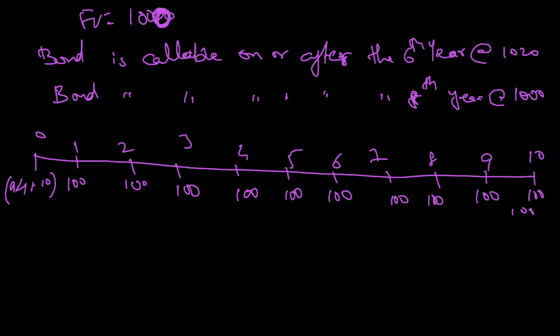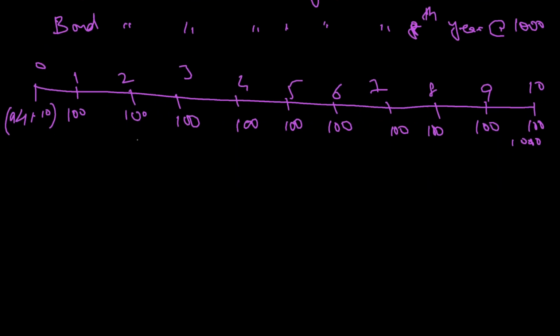So these are all the payments. So I want to find out as of now what is the YTM or IY. So N, IY, present value, payment, future value. This is what I'm going to key in the calculator.